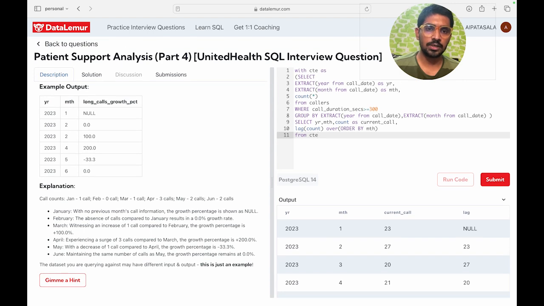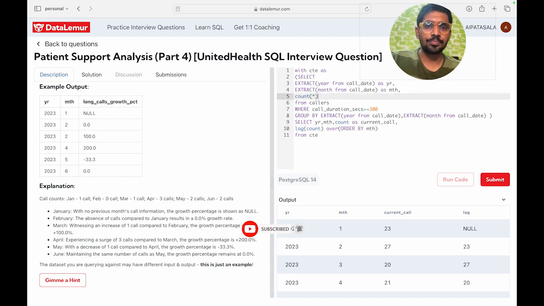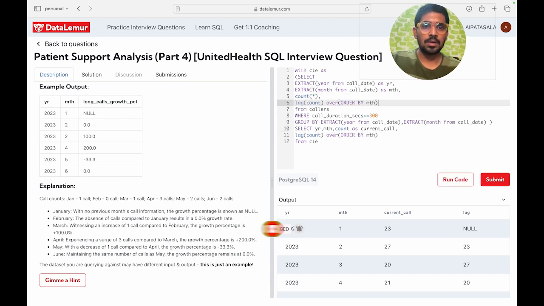So did we get previous month as well? Okay, so this we can do in here: lag count order by extract month.